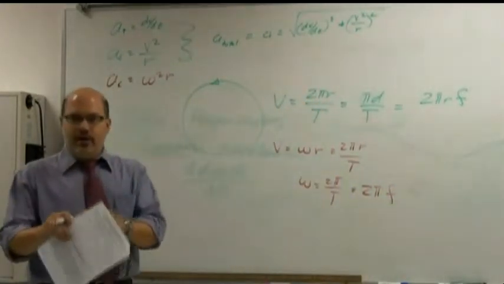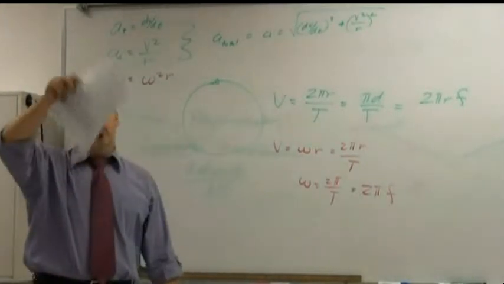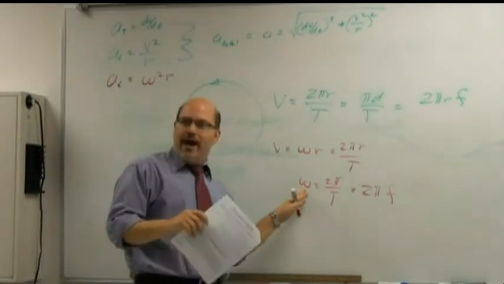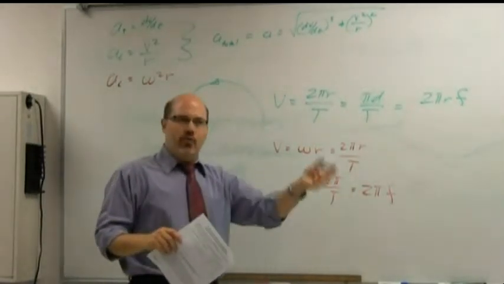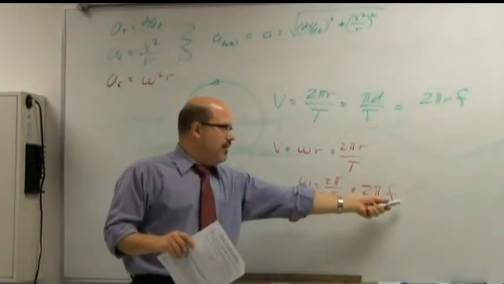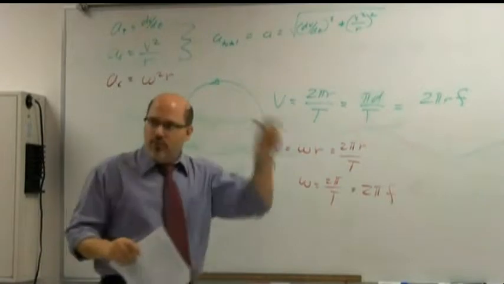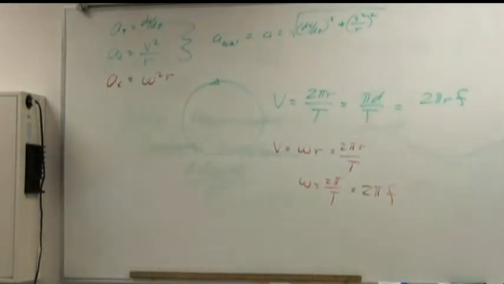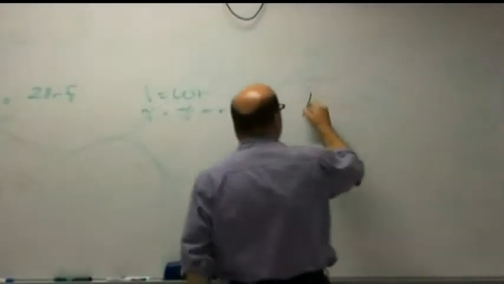Because frequency is like revolutions or complete circles per second, and omega is in rads per second, and there are 2 pi rads for every full revolution. So you'd have to multiply frequency times 2 pi to get your 2 pi rads to make one complete circle. So there's our conversion. Okay. So we're left with the magical F equals ma.